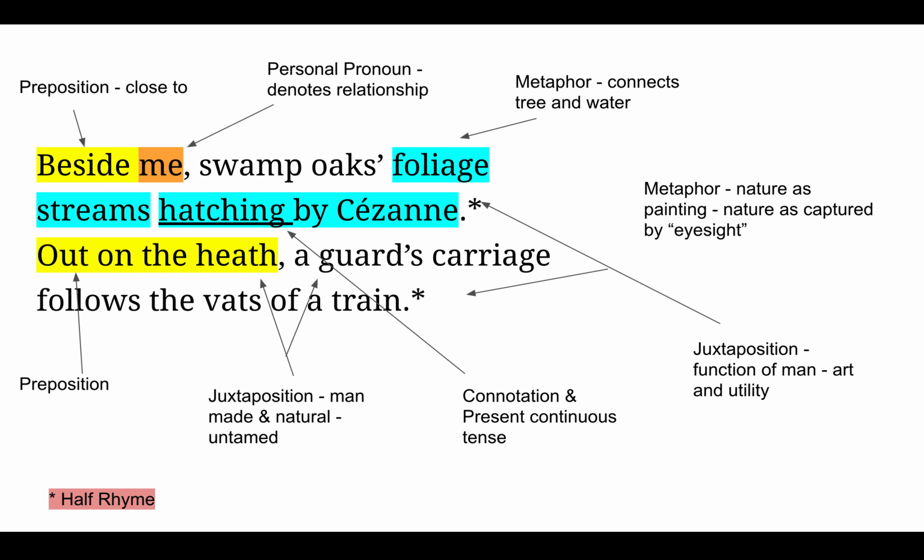So hatching sort of reinforces that. It's interesting that it's in a present continuous tense. So it's something that's always happening. So this nature is always in a process of hatching, so to speak. And then if man, as Cezanne, is the one doing that, capturing that, is there a connection between man and nature that is ongoing, that is continuous, that is life-giving?